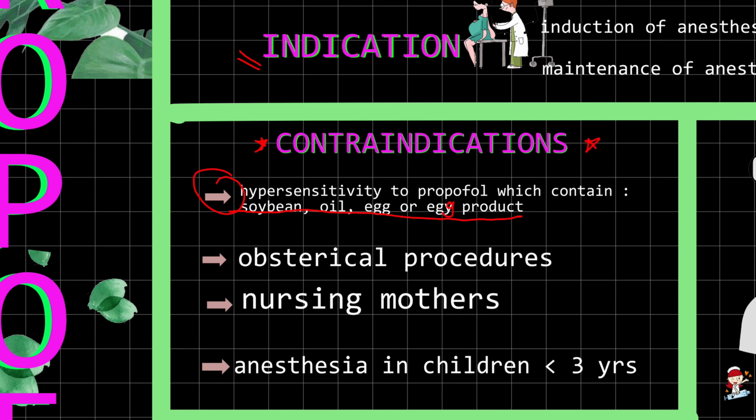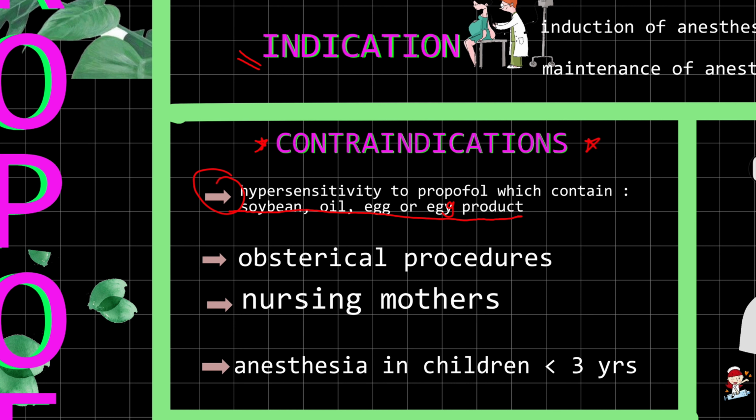In the event that the patient has, let's say, an allergy to egg or soybean, you want to tell your provider, and if the provider thinks, based on his judgment, that the benefit outweighs the risk, then you have to watch out for any adverse reaction, because considering that the patient already has hypersensitivity to a medication which you are about to give, you can expect an adverse reaction.